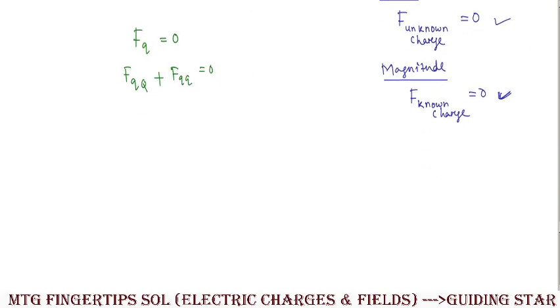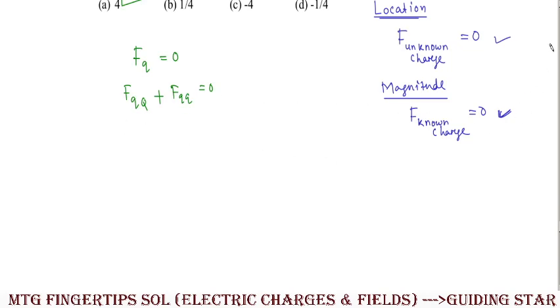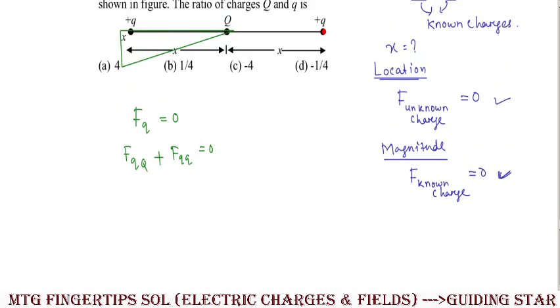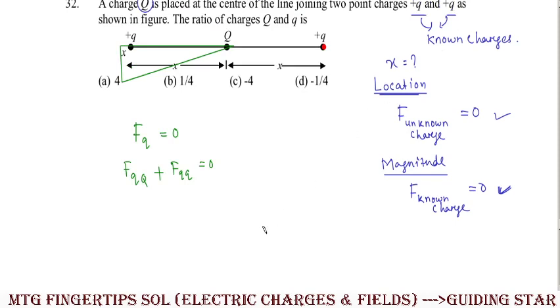So here in this particular case what will be the force over here. So here force on q due to plus q plus force on q due to q, that should be 0.